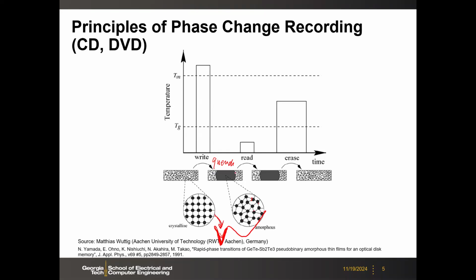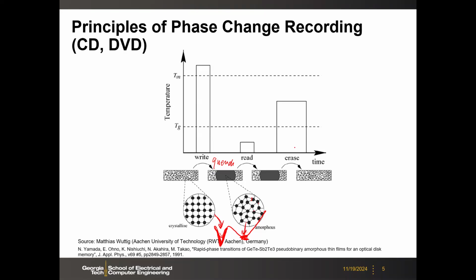But when you do this quench process, the atoms do not have time to go back to the original state, so they remain at this random location. It's like they are trapped in this energy minima, but this energy minima is not the lowest global minima of the free energy of the system, okay?